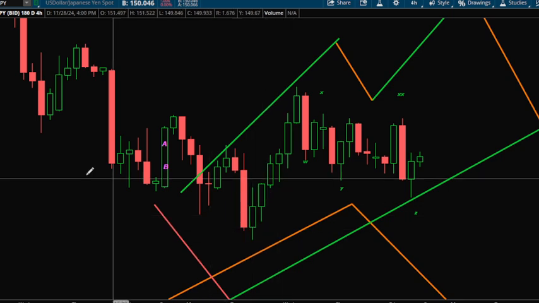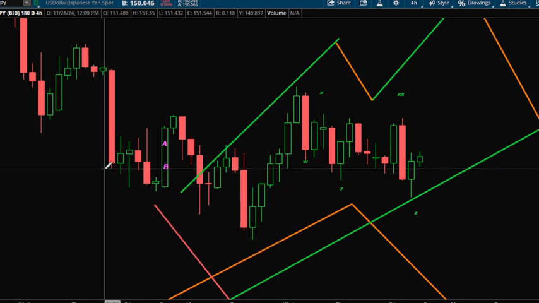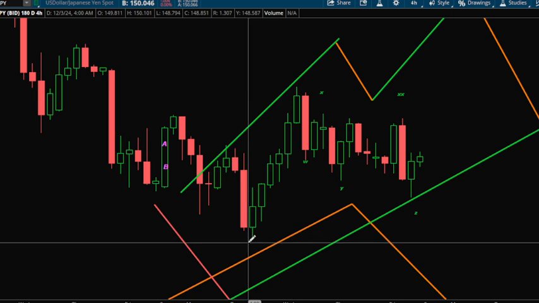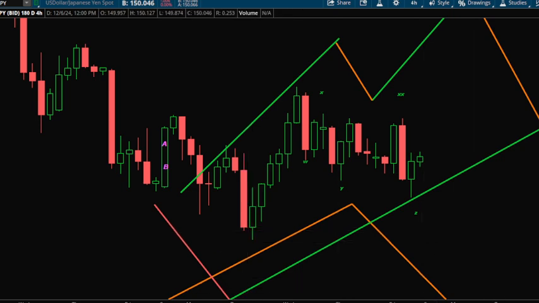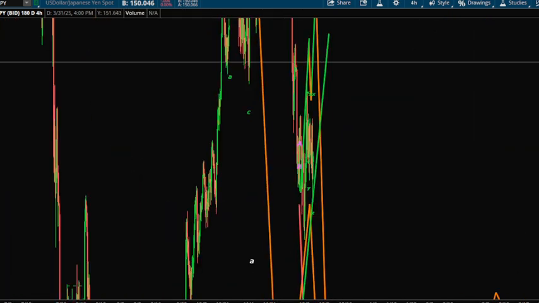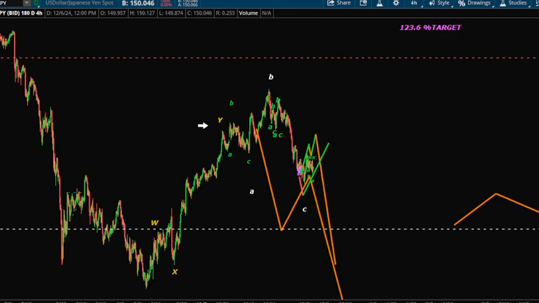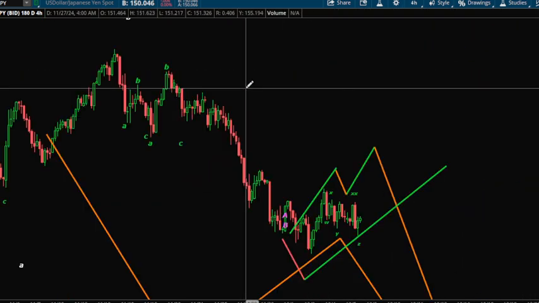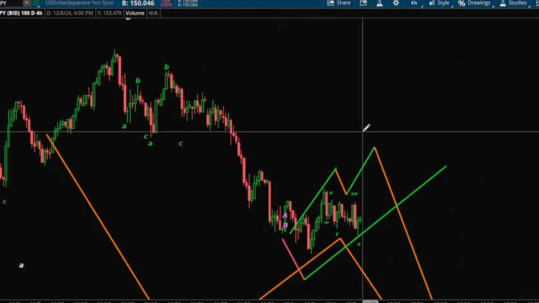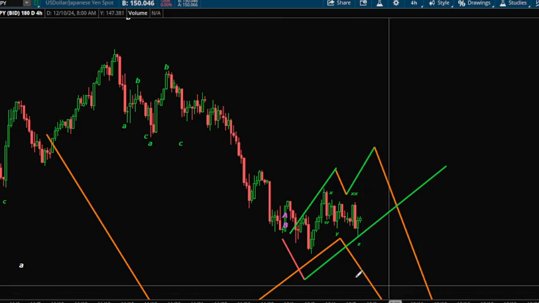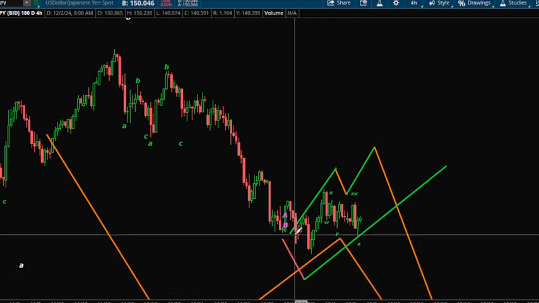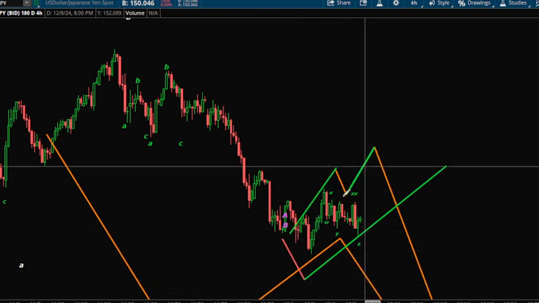the question should be, how do I know this is a bottom and not here? And I have to stay consistent on how I count things. So last week I gave 2 targets, remember, 1 bullish, 1 bearish.